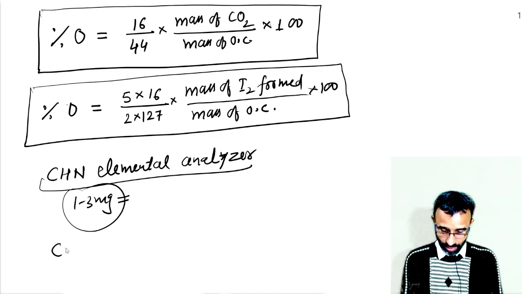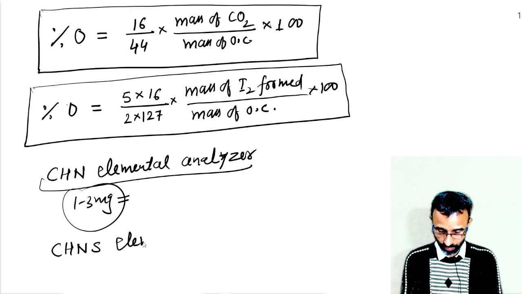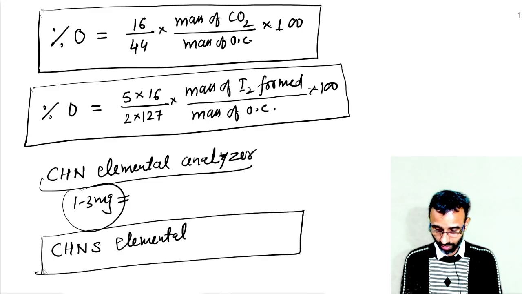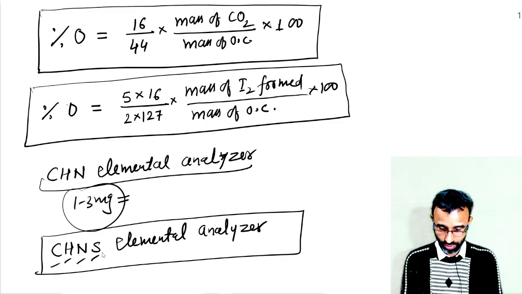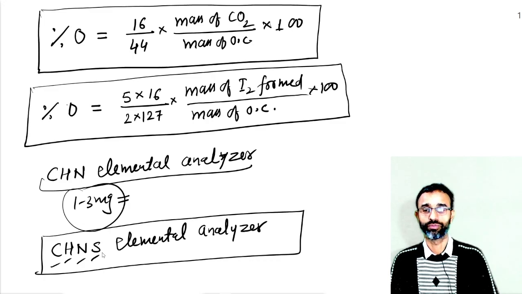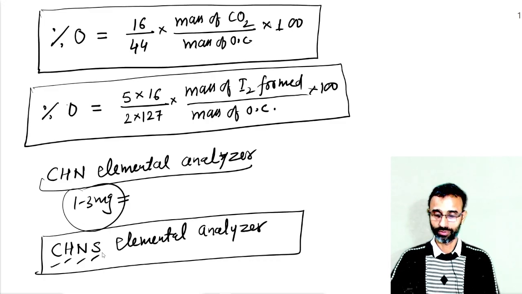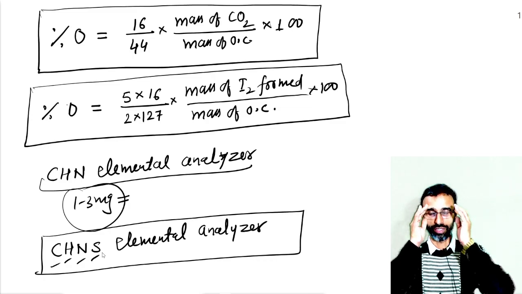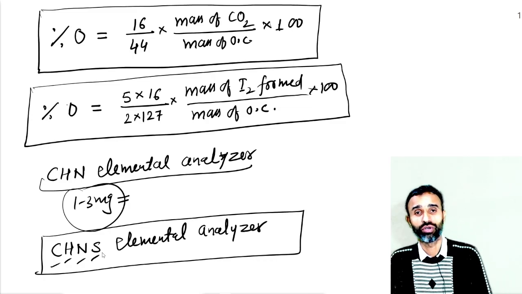Even CHNS is applicable in some universities. So CHNS analyzer is also available, where you can find out percentage of carbon, hydrogen, nitrogen and sulfur present in the given organic compound. So that's all about quantitative analysis of organic compounds.